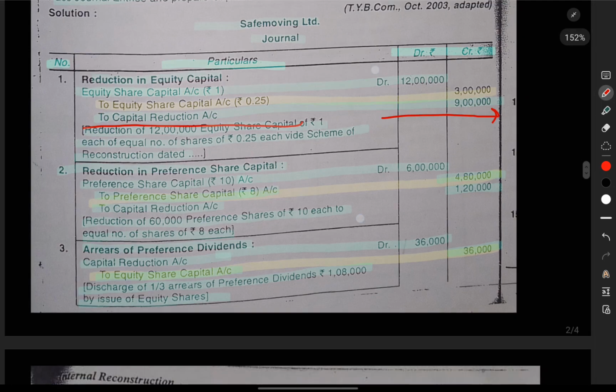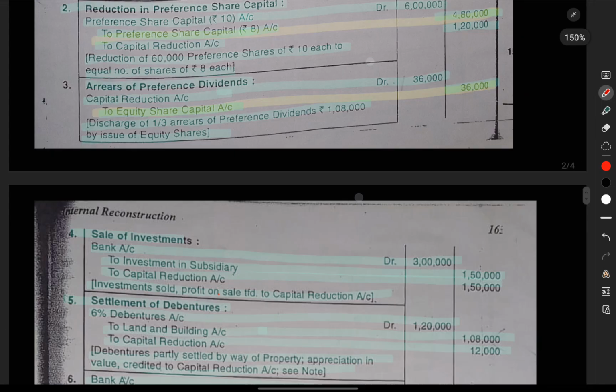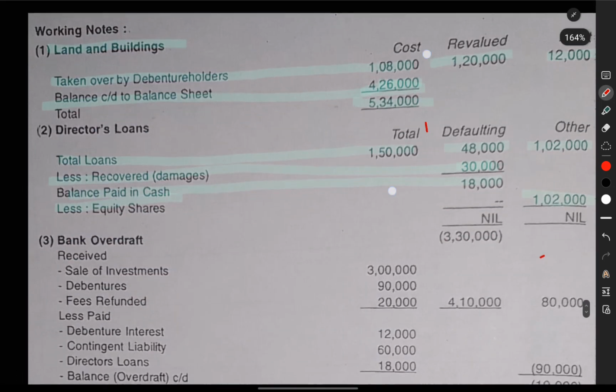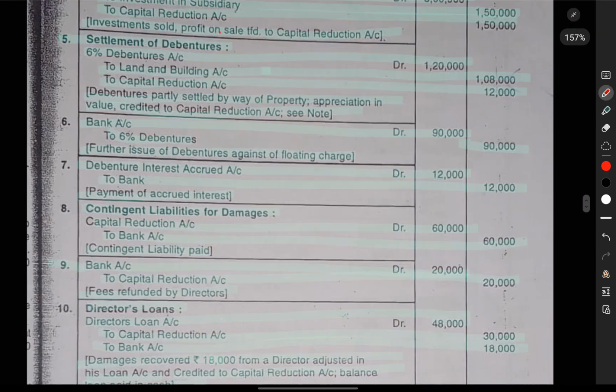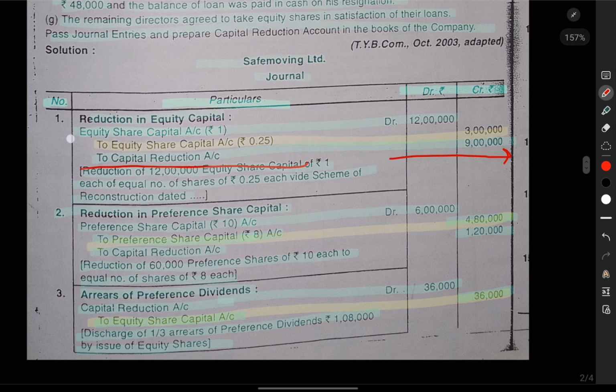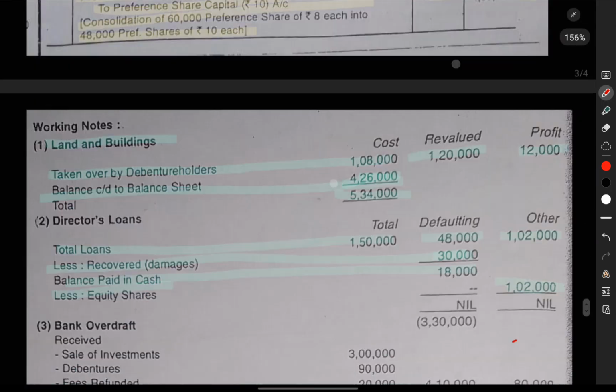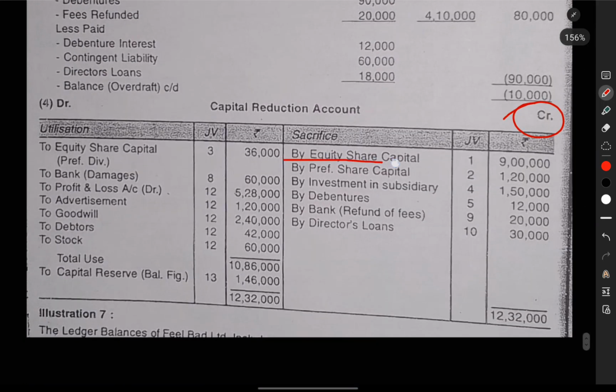So we will go to credit side of capital reduction account, and we will write by equity share capital for rupees 9 lakhs.